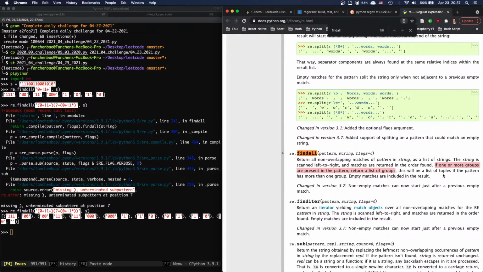This will be a list of tuples if the pattern has more than one group. So I have two groups. So in the return, there will be two groups. A list of groups. Ah, I understand.